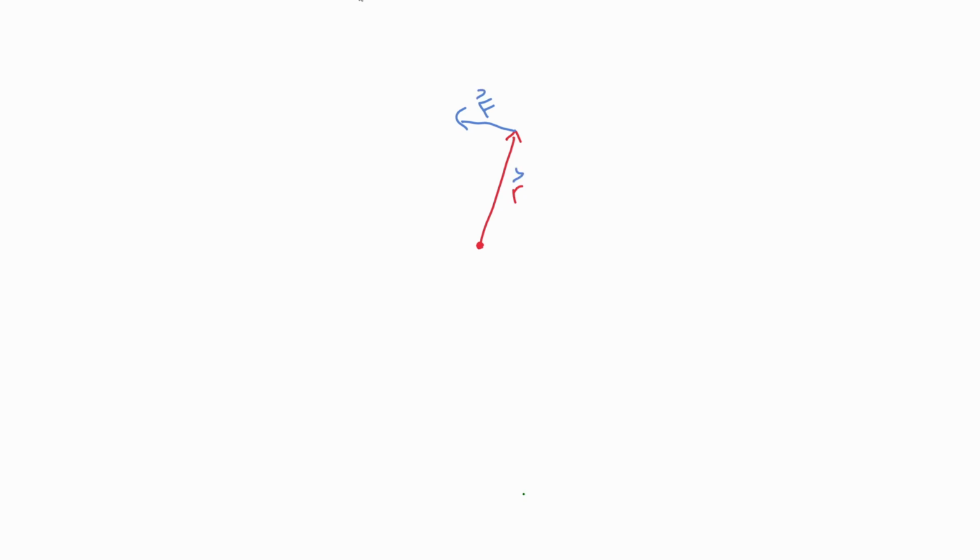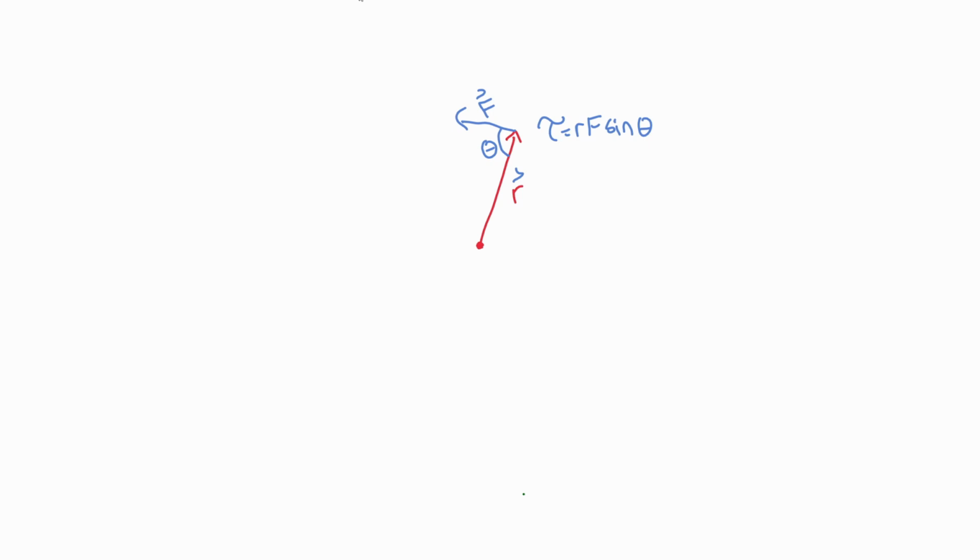Now, the torque that I'm producing here by pushing on this door is RF times the sine of this angle between R and F. So if I write that out, it looks like this. And this angle can vary quite a lot.